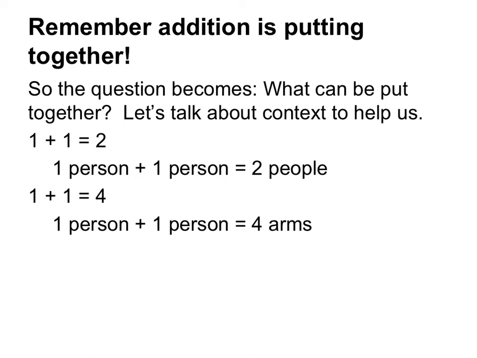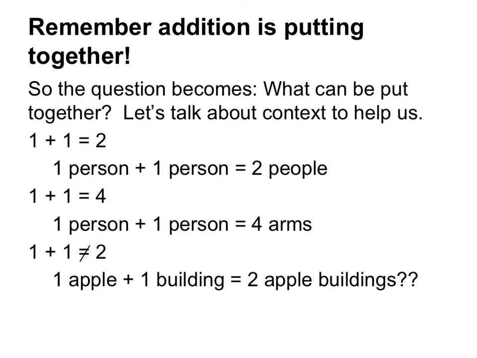Okay, 1 plus 1 equals 4, not really an accepted mathematical statement, but I can provide context and make that true. 1 person plus 1 person equals 4 arms. I can also provide a situation where 1 plus 1 doesn't equal 2. 1 apple plus 1 building does not equal 2 apple buildings or 2 building apples, right?